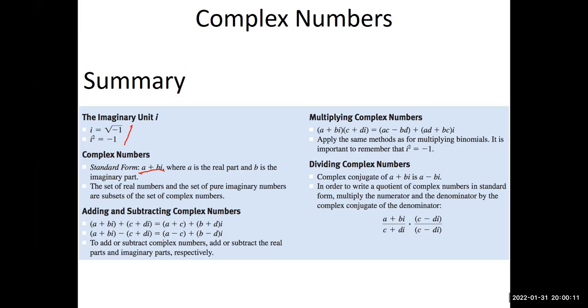When adding and subtracting complex numbers, we combine the real parts and the imaginary parts respectively. For multiplying complex numbers, we do the FOIL method, but remembering that i squared is equal to -1.